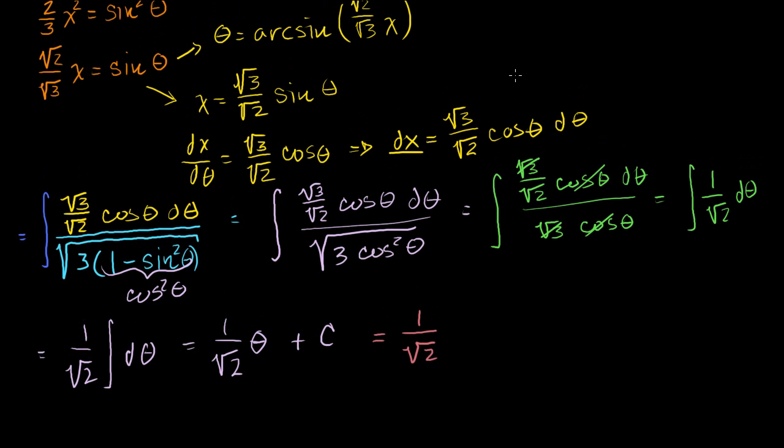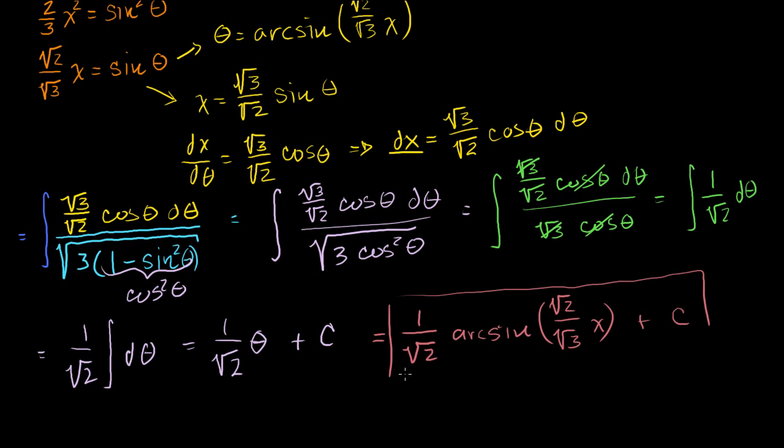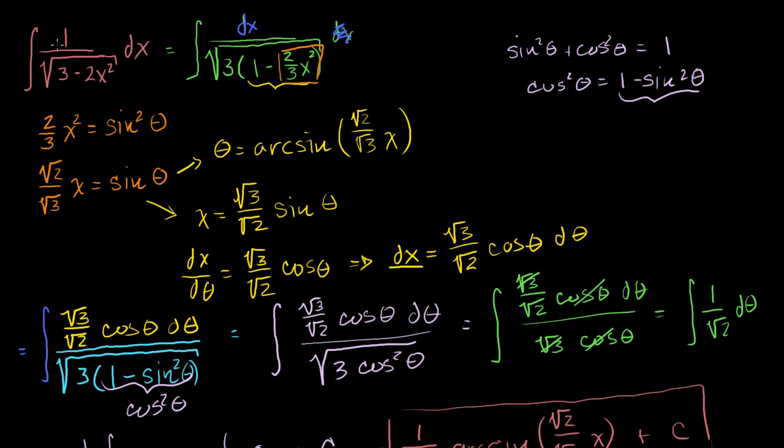Theta is just arc sine of square root of 2 over square root of 3 x. And then I have this constant out here, plus c. So this right here is the antiderivative of 1 over the square root of 3 minus 2x squared.